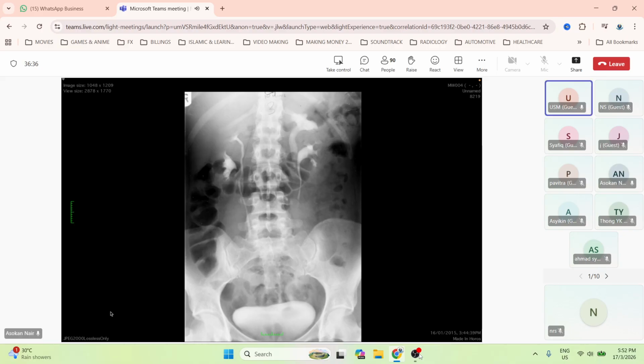On the right side, I think it is complete. However, on the left side, I cannot really delineate the distal part of the ureter. It is associated with hydronephrosis of the left upper moiety.